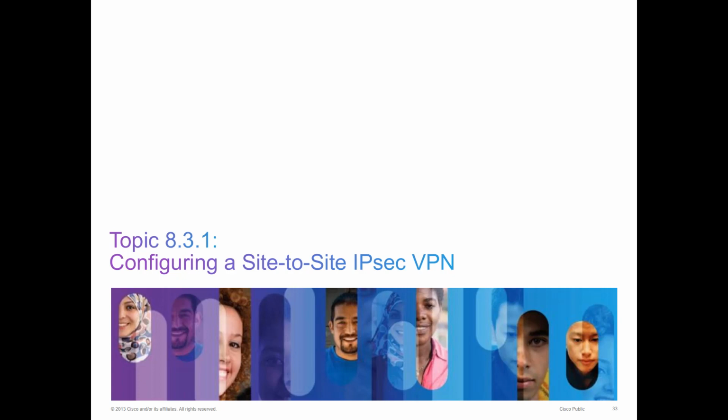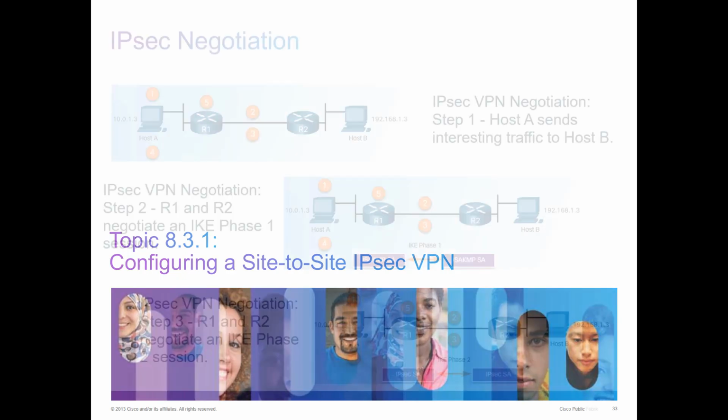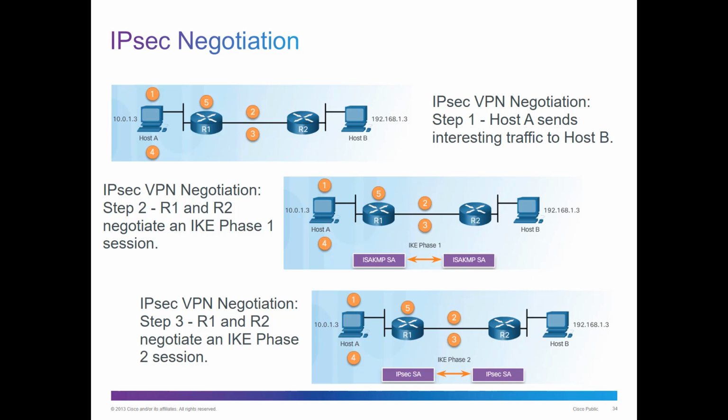first section is going to be configuring a site-to-site VPN using IPsec. Again, we have 5 main steps. We have setting up the hosts, setting up the connection, response. So, with that said, IPsec negotiation, step 1. Host A should send an interest traffic to host B. IPsec VPN negotiation should start happening.